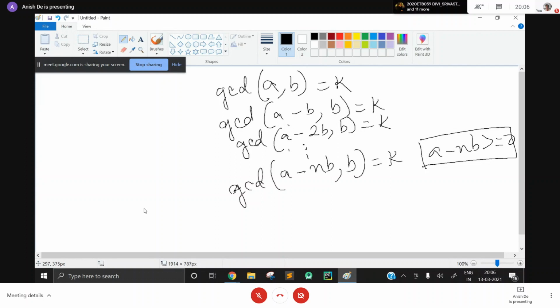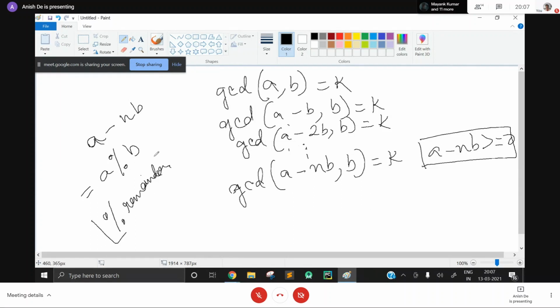A minus NB is nothing but A mod B, where mod is the remainder when you divide A by B. Is this clear, or do I need to elaborate on why A minus NB equals A mod B?